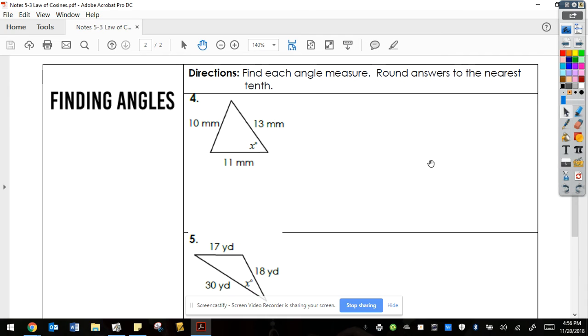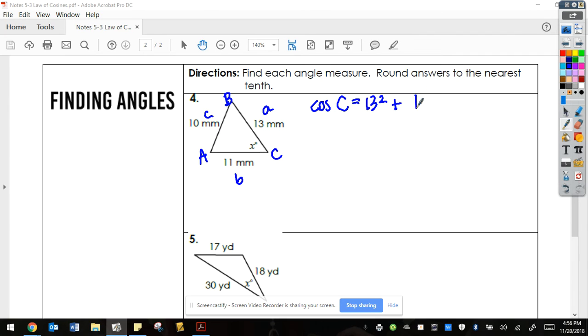All right, so what if you're looking for an angle? Okay, so if you're looking for an angle, you have to use the alternative form, so the ones that have cosine of an angle. All right, so again, I'm going to label this A, B, C. This will be A, this will be little c, and this will be B, okay? So we're looking for cosine of capital C. So we use a squared plus b squared minus c squared all over 2 times a times b.